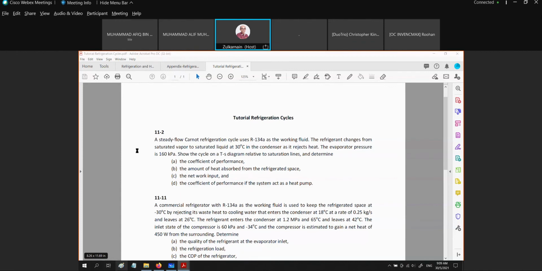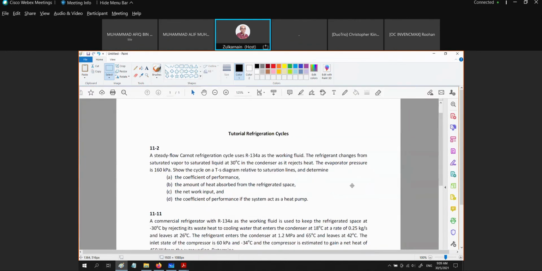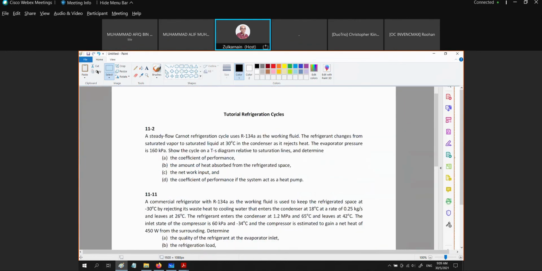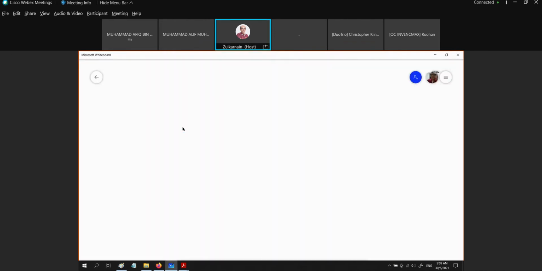We try to solve 11.2. Copy. Let's start on a fresh canvas. Paste.